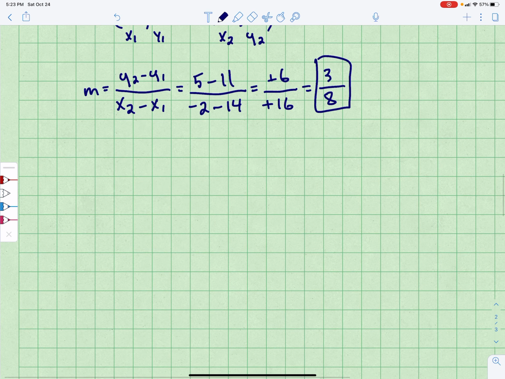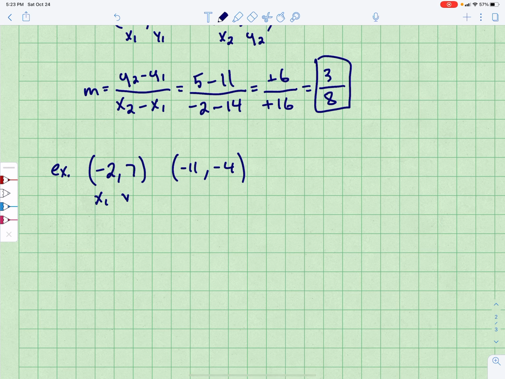Another example, let's do, if I had the points negative 2, 7, and negative 11, negative 4. If I had these 2 points, the first thing I need to do is label x1, y1, x2, y2.